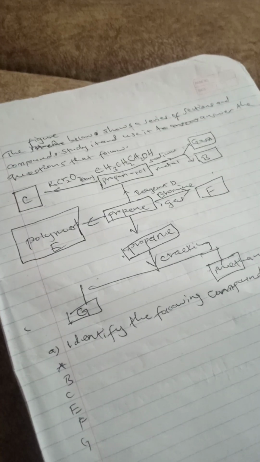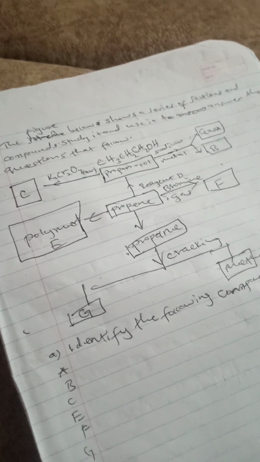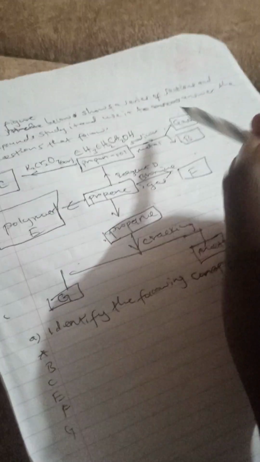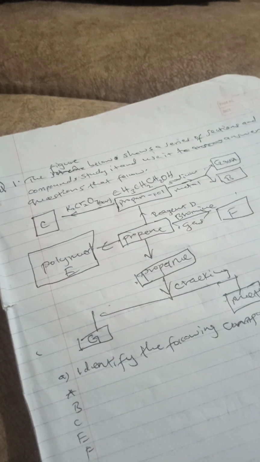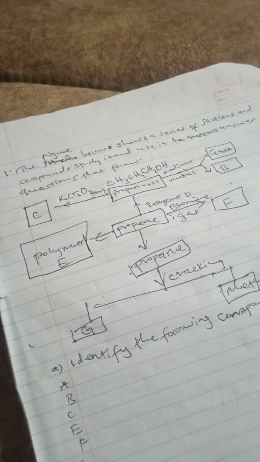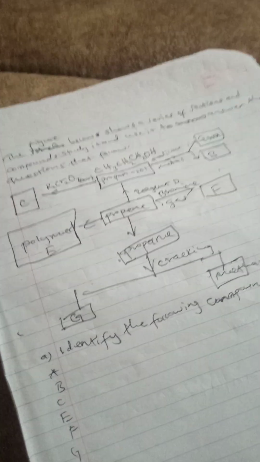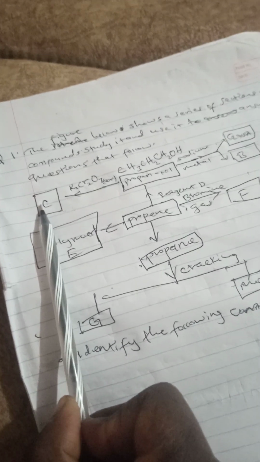So in A, we have been told to identify the following compound. In A, what is this gas A? You're supposed to ask yourself, what is this gas A that we're talking about? You can't just get it like that. You will come from here, from this C, and ask yourself, what is this C?